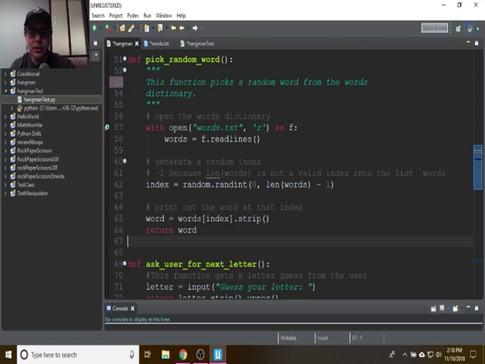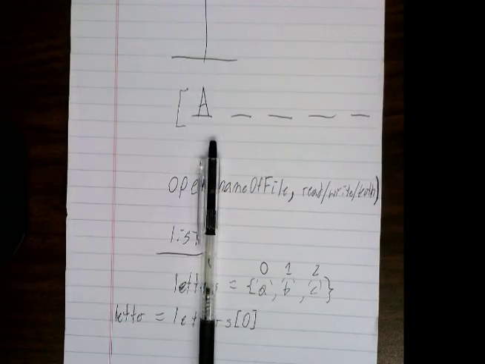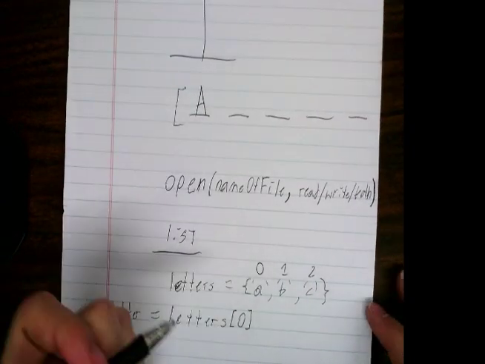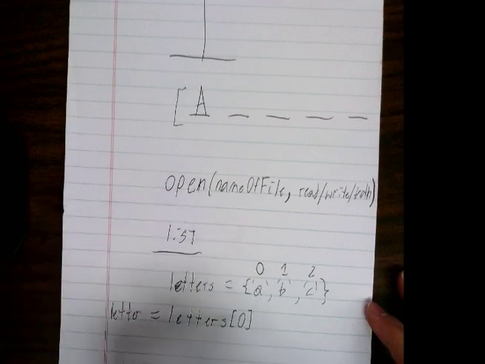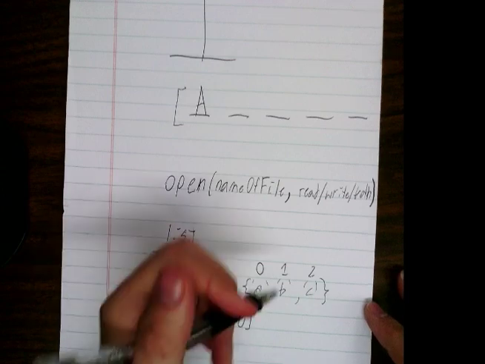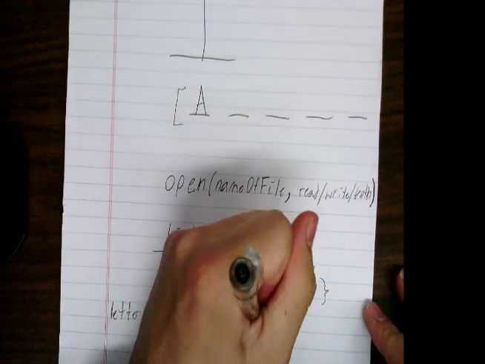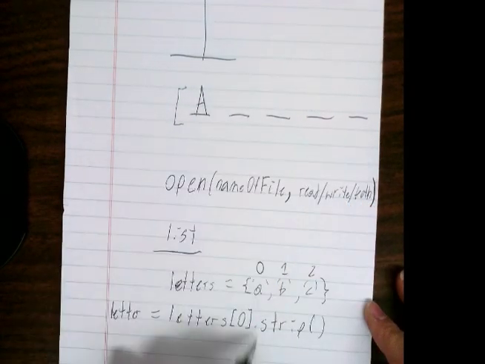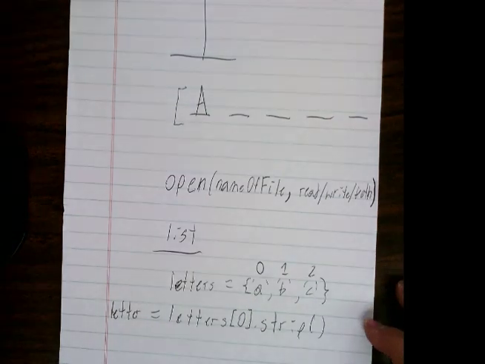If we go to our document camera and look at that, if we had letters at index 0, and we added dot strip to this, all this does is get rid of any white space that could be on the side of it.